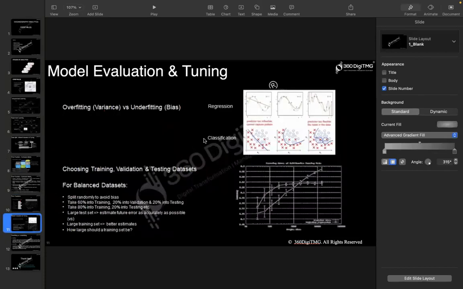So here we have model evaluation and tuning. In the model evaluation and tuning, here we can see overfitting and underfitting.